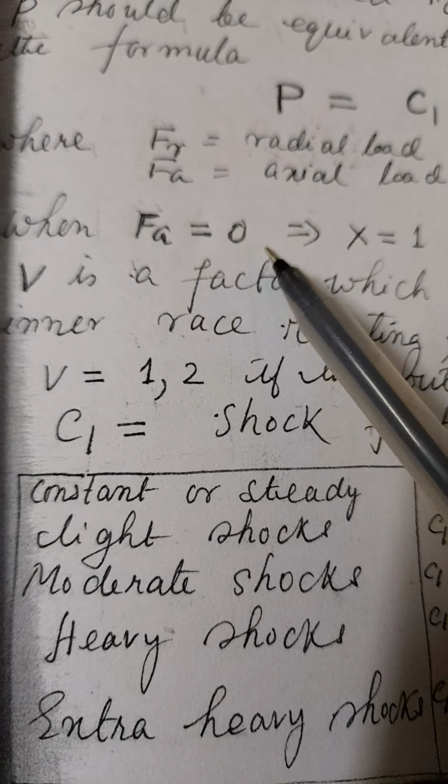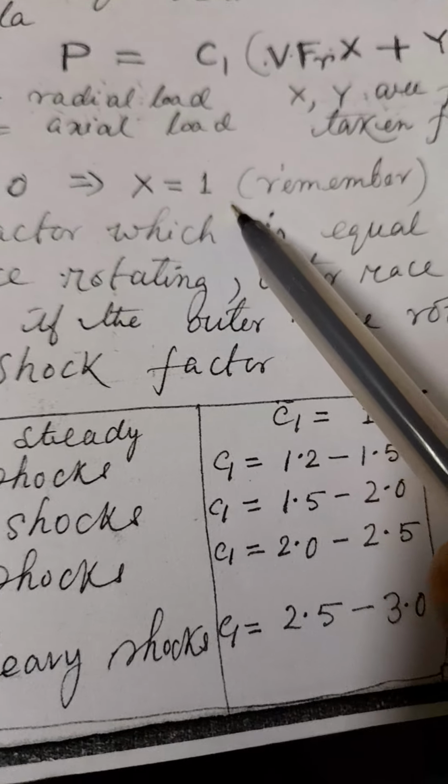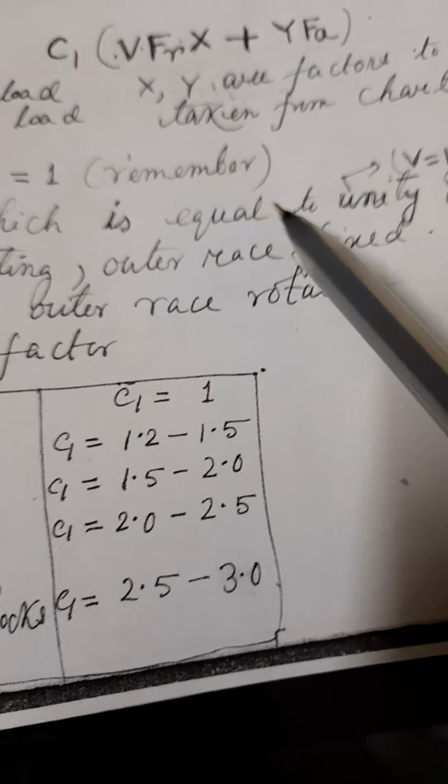When Fa is equal to 0, X is equal to 1, remember it.